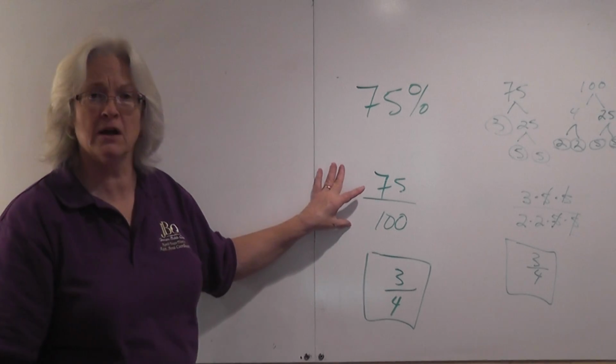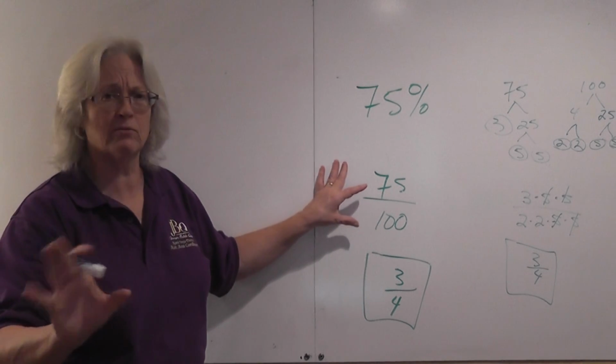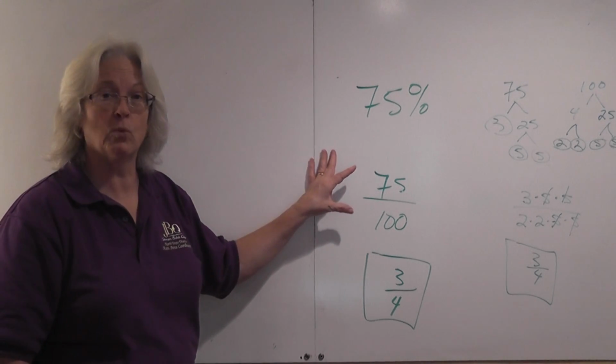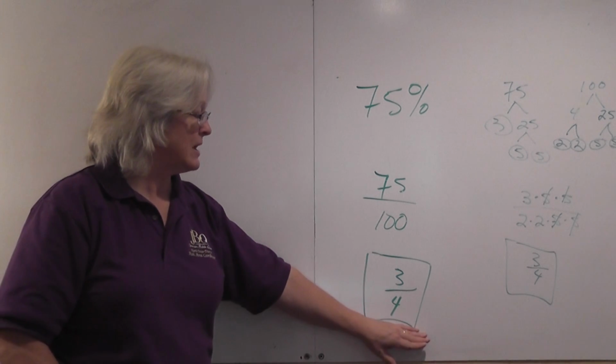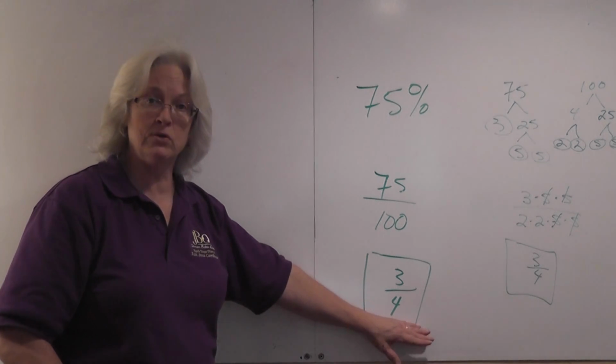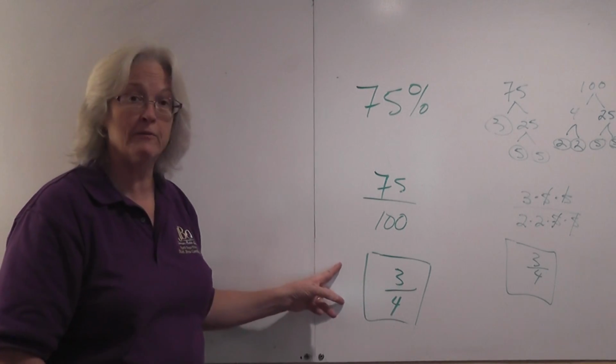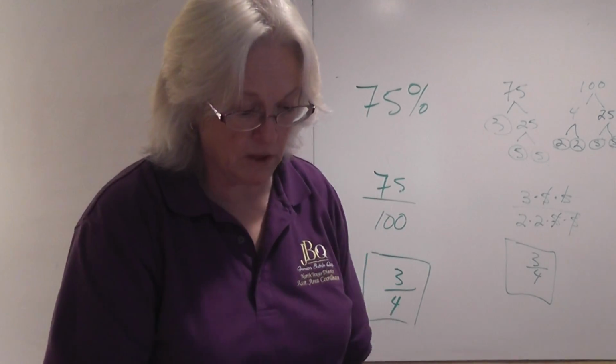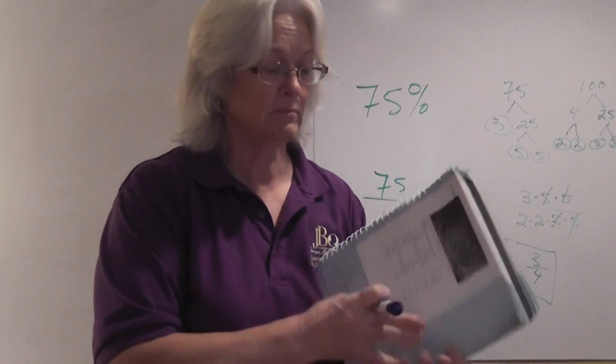Then you can look at that and say, oh, that's a fraction, it's not reduced to lowest terms. I know what to do to this 75 over 100 to make it a reduced to lowest terms fraction of 3/4. Okay, so let's see what we want to do next.